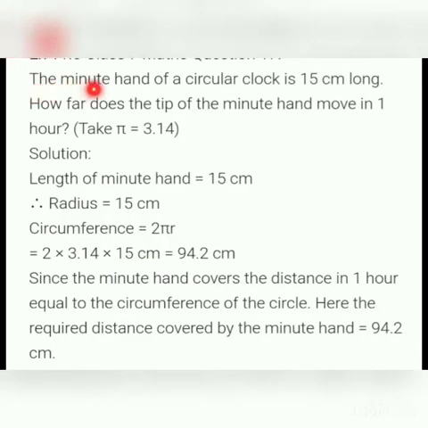The minute hand of a circular clock is 15 centimeter long. How far does the tip of the minute hand move in 1 hour? The length of the minute hand is given, and we need the distance it covers when 1 hour passes. Imagine this is the clock and this is the minute hand.